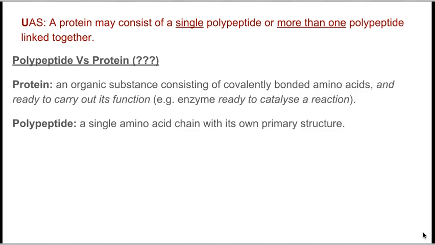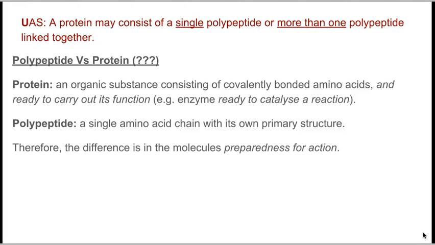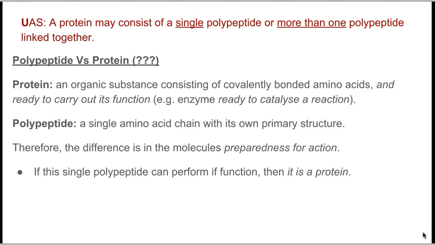A polypeptide is a single amino acid chain with its own primary structure. The key difference, therefore, is in the molecule's preparedness for action. A protein is ready to do its job. A polypeptide might not be there yet. So, if this single polypeptide can perform its function, then it is a protein.